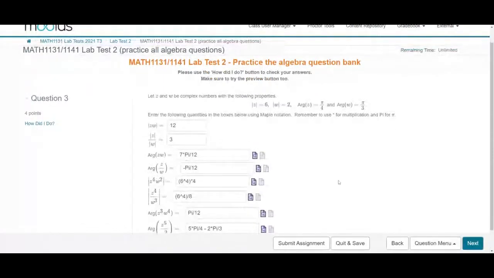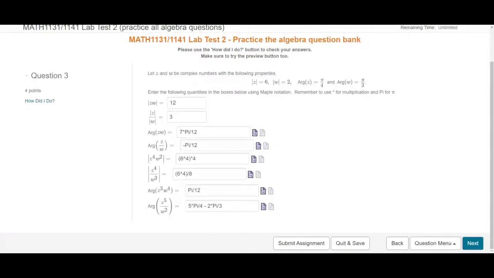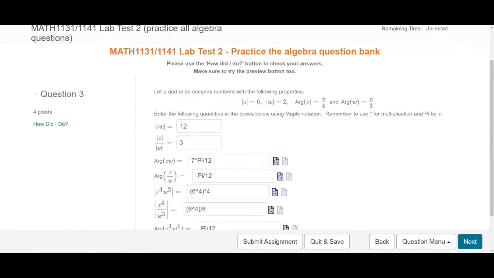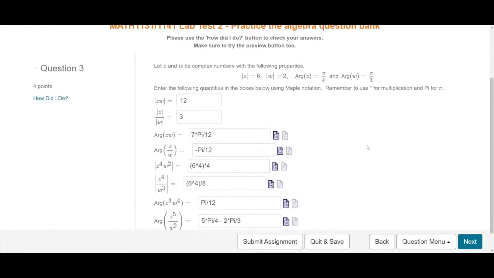Okay, all right. So here is a complex numbers question. I don't think they really want you to do this in Maple, but you can do it. You can also just do it in the text box, right? Because I'll show you. If you look down here, you can see that's actually not simplified.